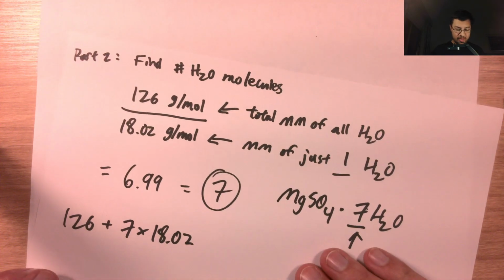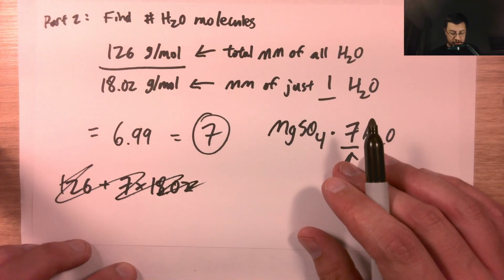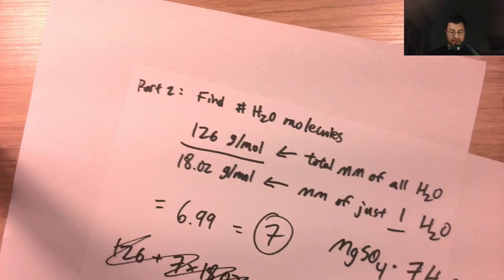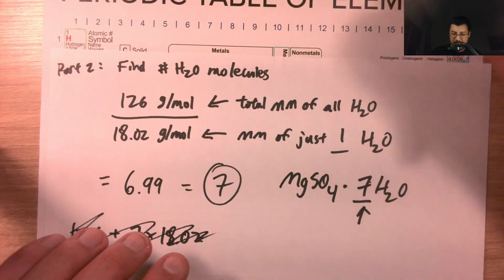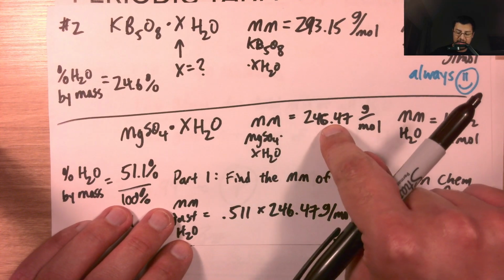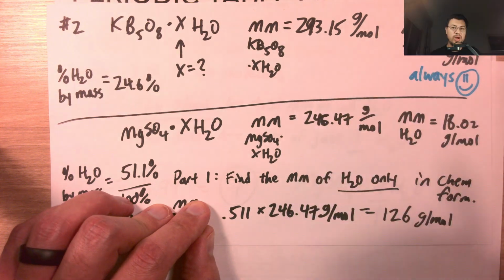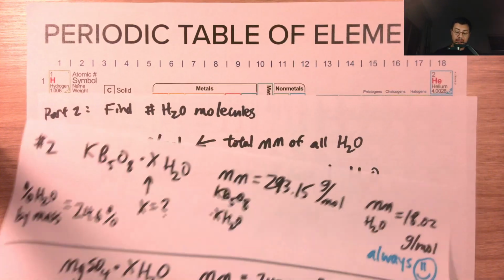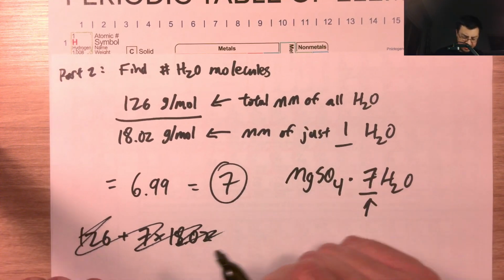Okay, no, that was wrong. The way you could check your work would be to calculate the molar mass manually and see if we get the original number they gave us. For magnesium sulfate, that'd be 246. You'll be doing this for 293.15 or whatever problem you end up having.